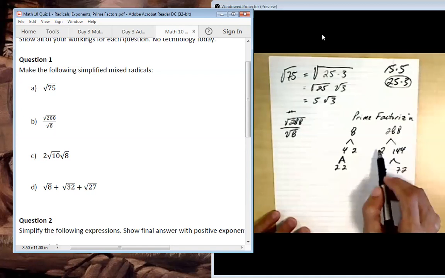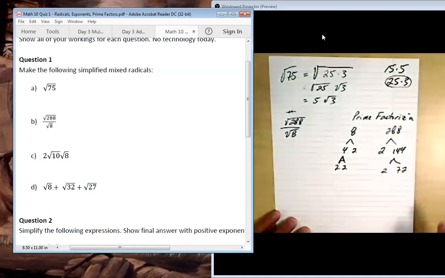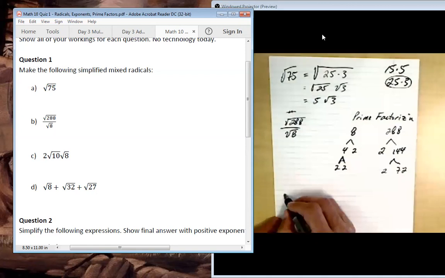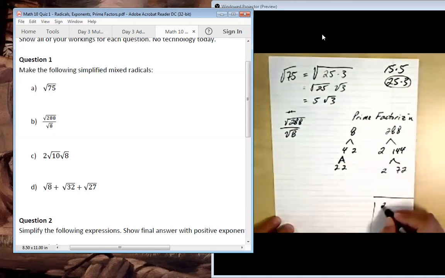So then off to the side, what you can do is 288 divided by 2. You just work that out separately. And to divide, a Casio might be there.